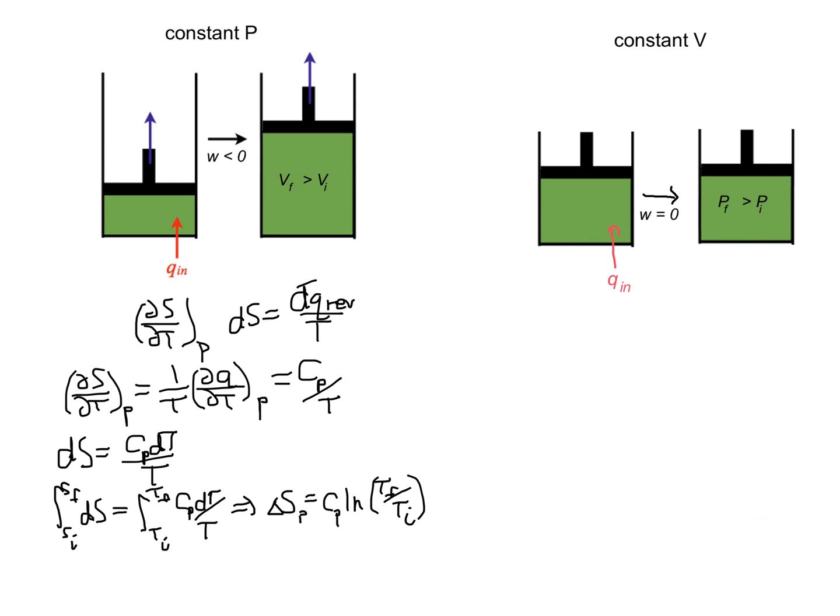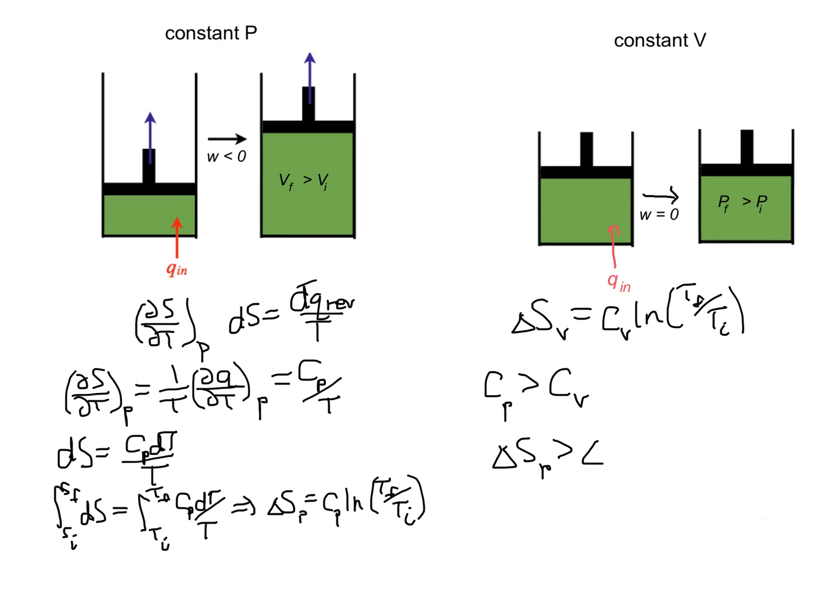I can make the same argument for the constant volume case and show that delta S for the constant volume case is equal to C_V natural log of T final over T initial. Now, since the heat capacity at constant pressure is greater than the heat capacity at constant volume for most substances, we can see that the change in entropy for the constant pressure case is going to be larger than the change in entropy for the constant volume case.